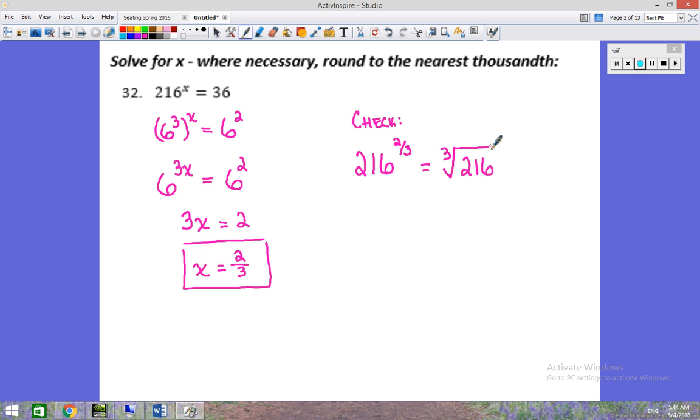Now this exponent of 2, I can place it underneath the radical, or I can place it on the outside, and it's easier this time to place it on the outside. The cube root of 216 is 6, and 6 squared is 36. And that was the claim that the right-hand side would be 36, so our answer does check.